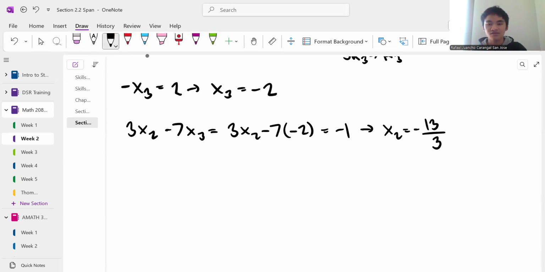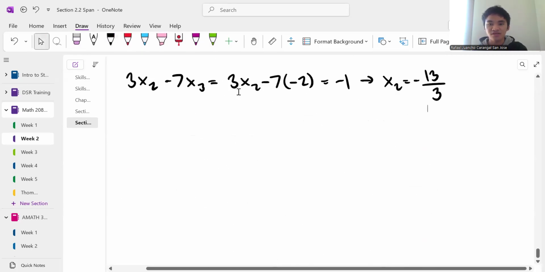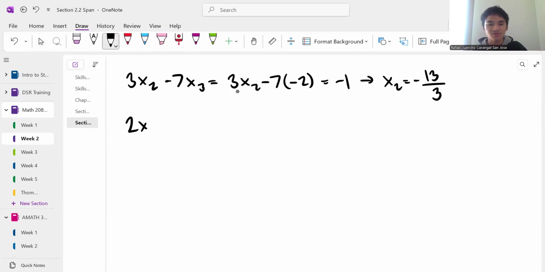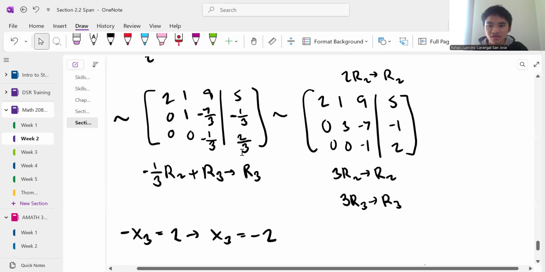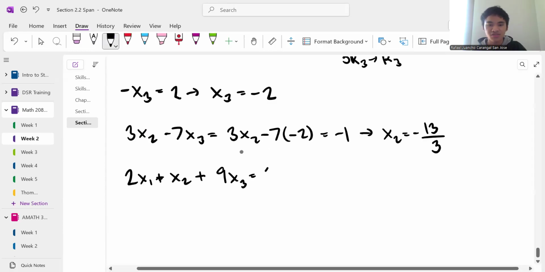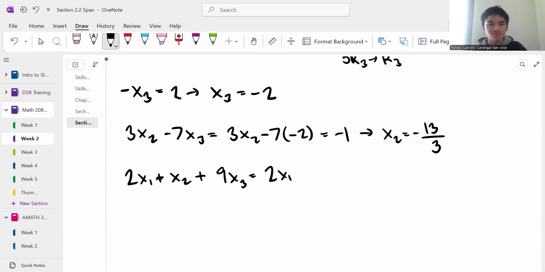And lastly, x sub 1, or 2x sub 1, plus x sub 2, plus 9x sub 3, which is just saying x sub 2 is minus 1, minus 13 over 3, plus 9 times negative 2.